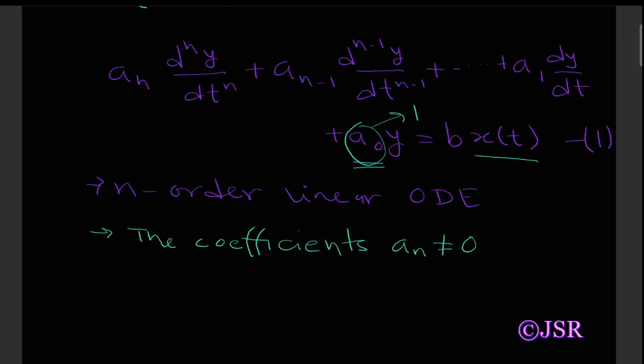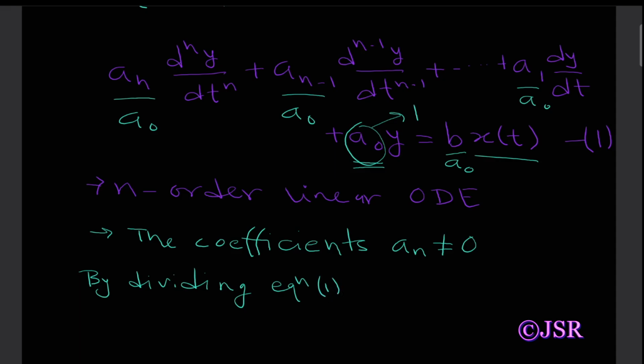To make this coefficient 1, we have to divide all the coefficients by a naught on both sides.